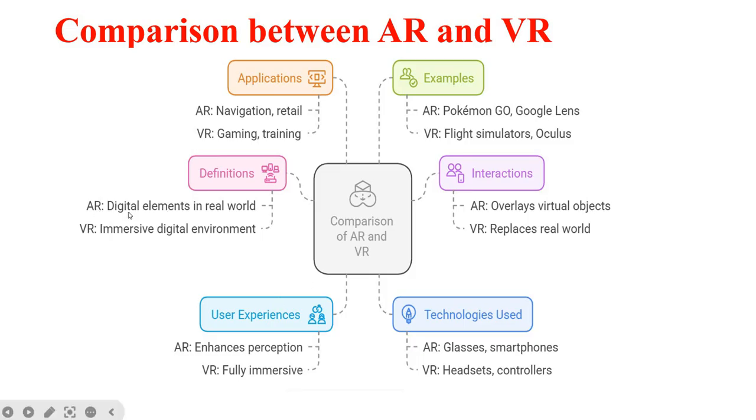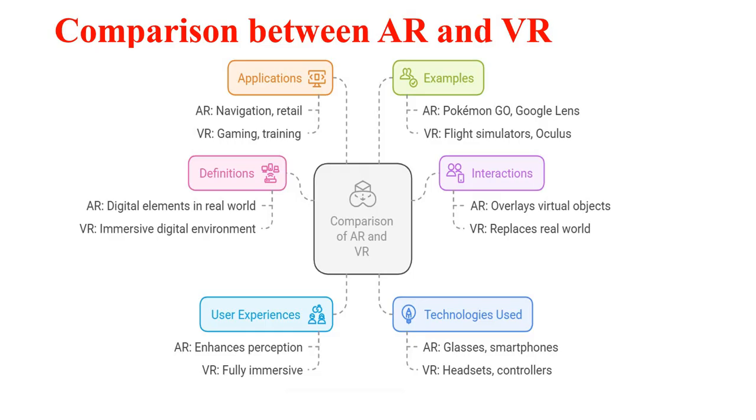Here in AR the digital elements are in the real world, whereas in virtual reality there is full immersion where the user is in a digital world. Then you have the interactions. Augmented reality overlays virtual objects onto the real world, whereas virtual reality replaces the real world with a completely virtual environment.